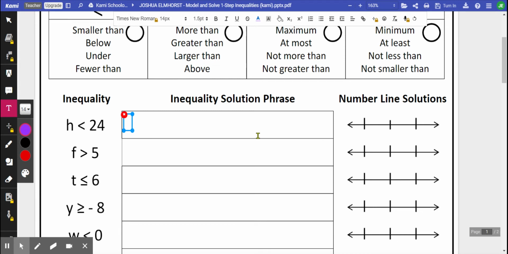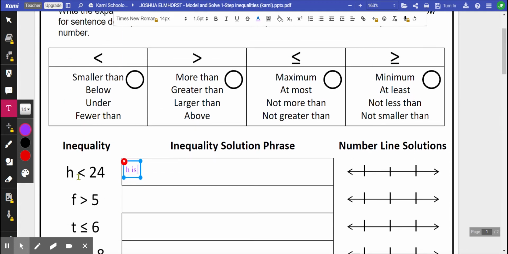Okay, so in this phrase, we could say H is, and then we're going to look up above at our symbol, and we can choose one of these phrases, and we could say H is below 24. Okay, so any number for H that is below 24 but does not include 24.